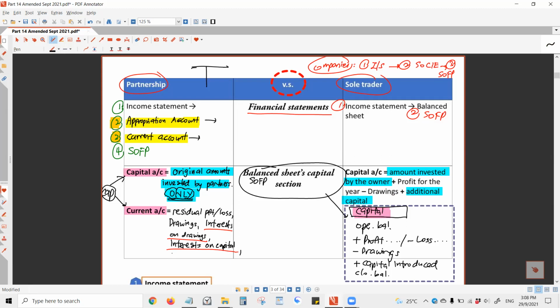And sometimes you have something known as interest on loan from partner. Those are all the things you have in a current account.